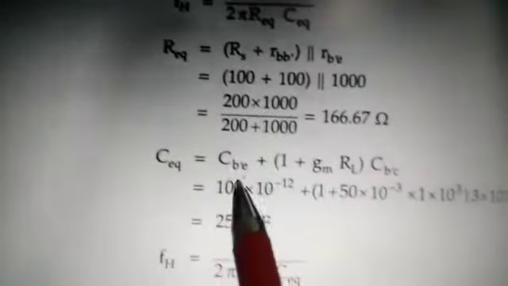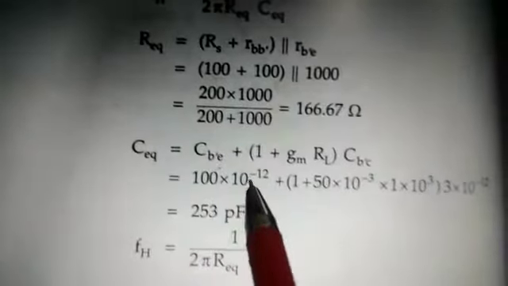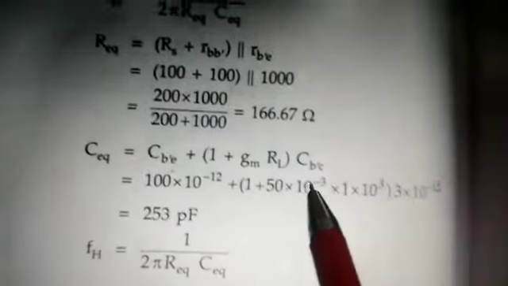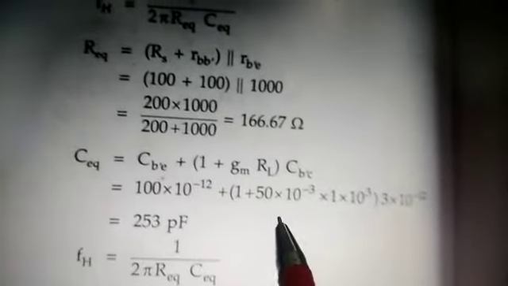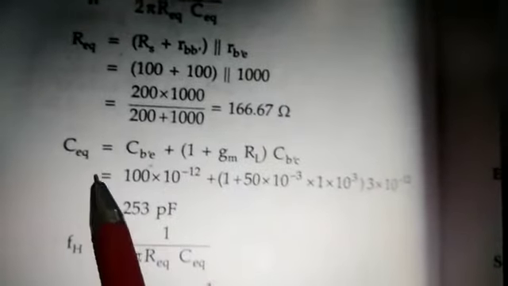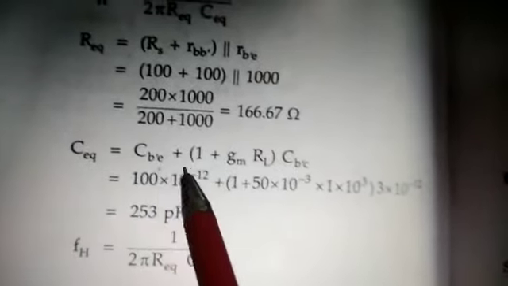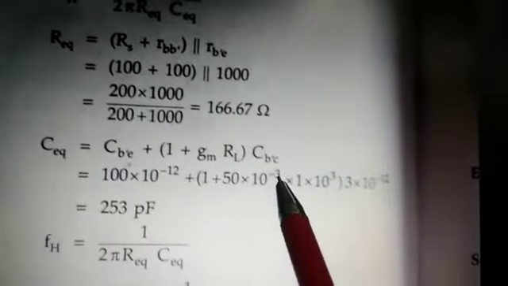Now this C equivalent is Cb'e plus 1 plus gm into RL, into Cb'c. If the load resistance is 0, then this equivalent capacitor is Cb'e plus Cb'c.